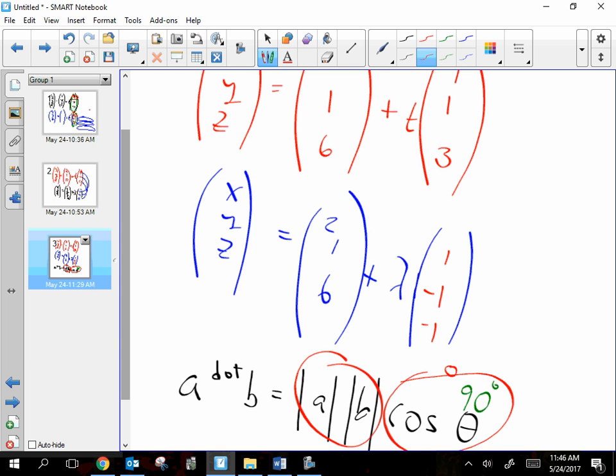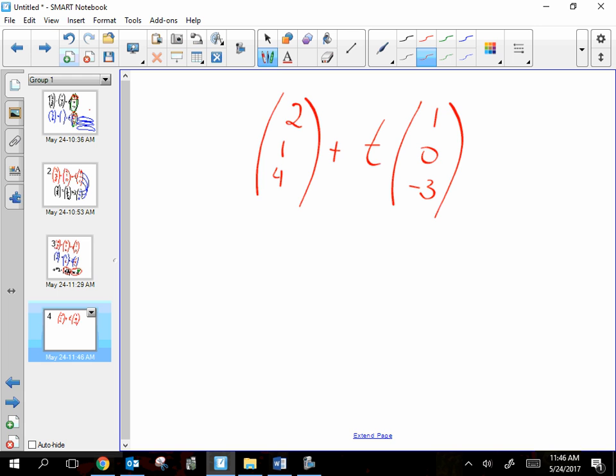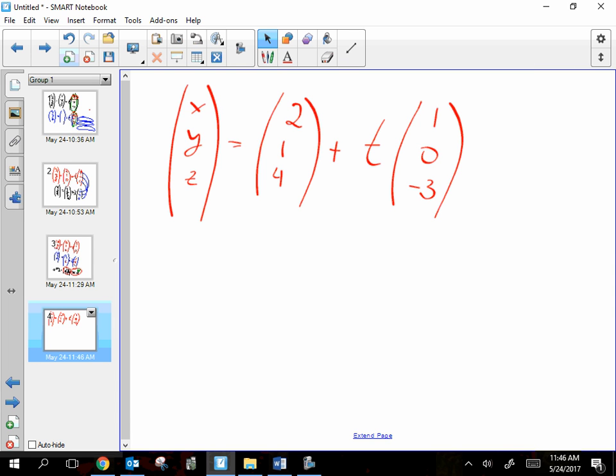All right, so let me give you a different one and then see how quickly you can come up with it. Remember, where it starts does not matter. 2, 1, 4 plus t times 10, 0, negative 3. You can find me really quickly a vector that is perpendicular to that by using that whole dot product thing. And I want to give you a hint.